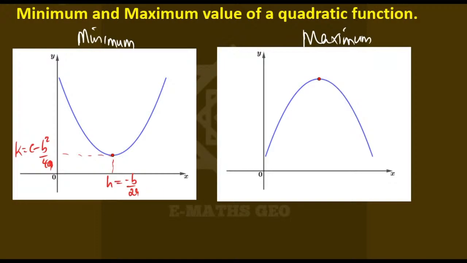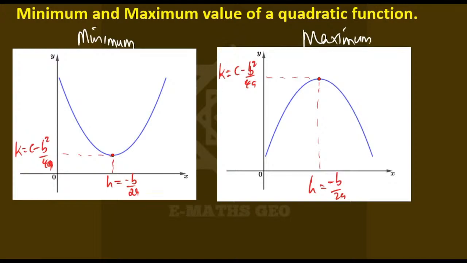So k is the value. The y coordinate is the value. So both the maximum and minimum occur at the vertex. So this is h equal to minus b over 2a, and this is k equal to c minus b squared over 4a.